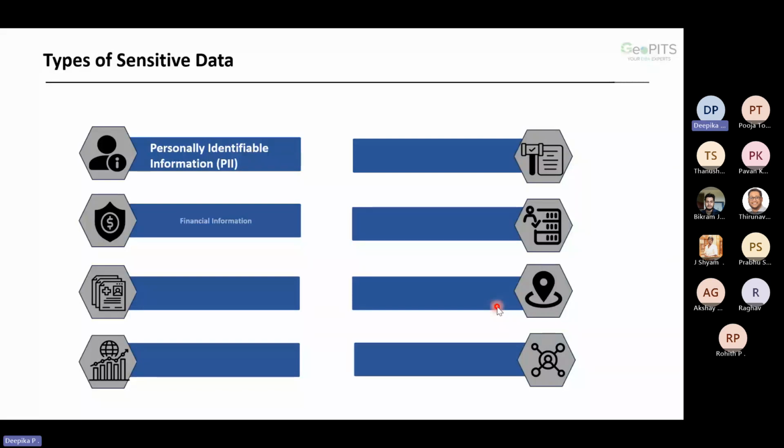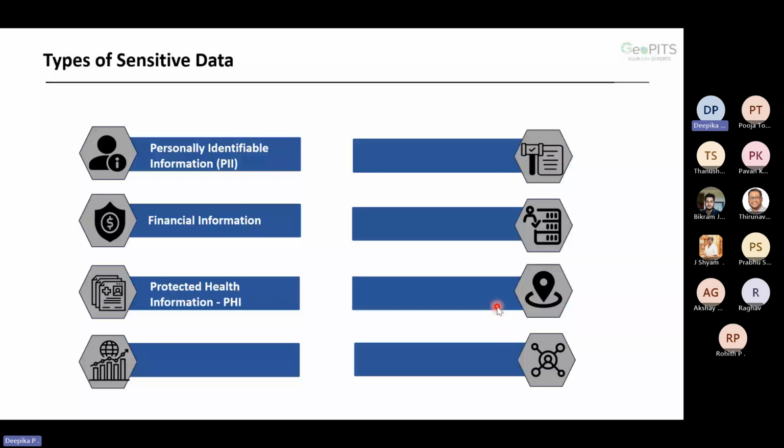The next one is financial information. This includes account number, credit card details, account balance, and a person's transaction history. These things come under the financial information category.